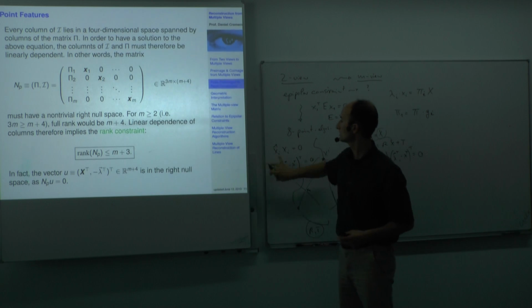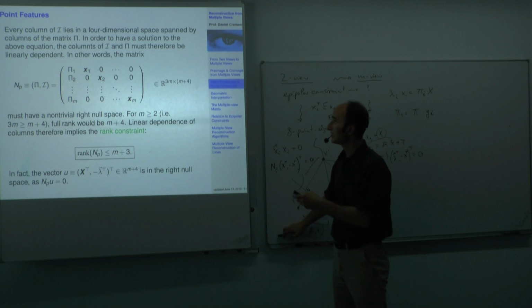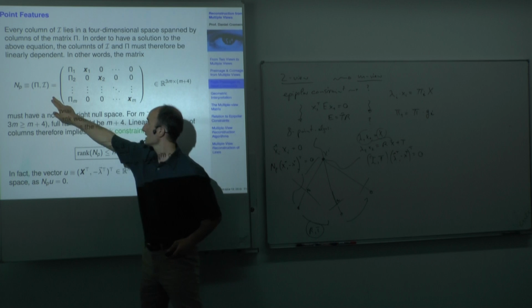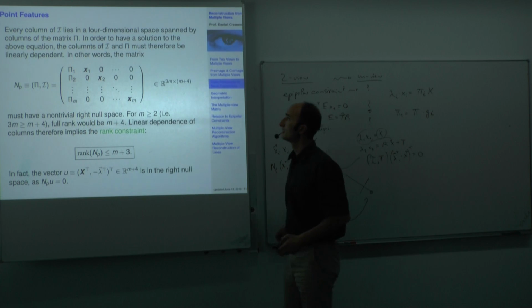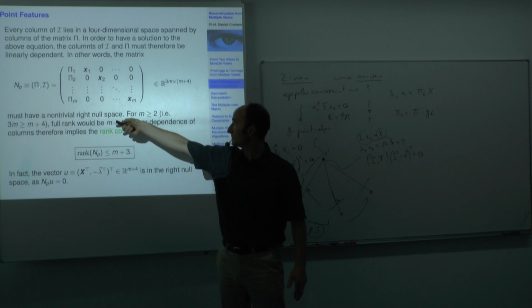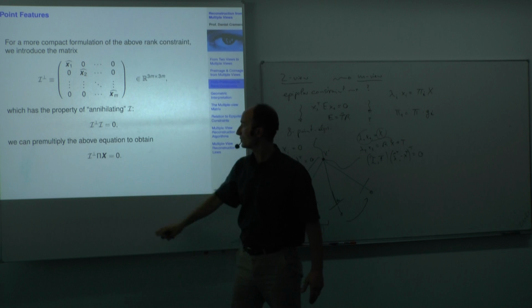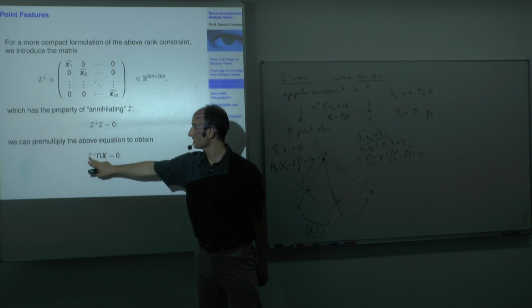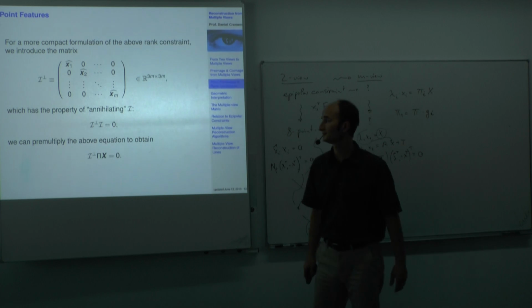And now if we multiply from the left with I bar, Np is this matrix. If we multiply this with I bar, we get I bar times pi, and I bar times I is 0. So we end up with the equation I bar times pi times x equals 0.